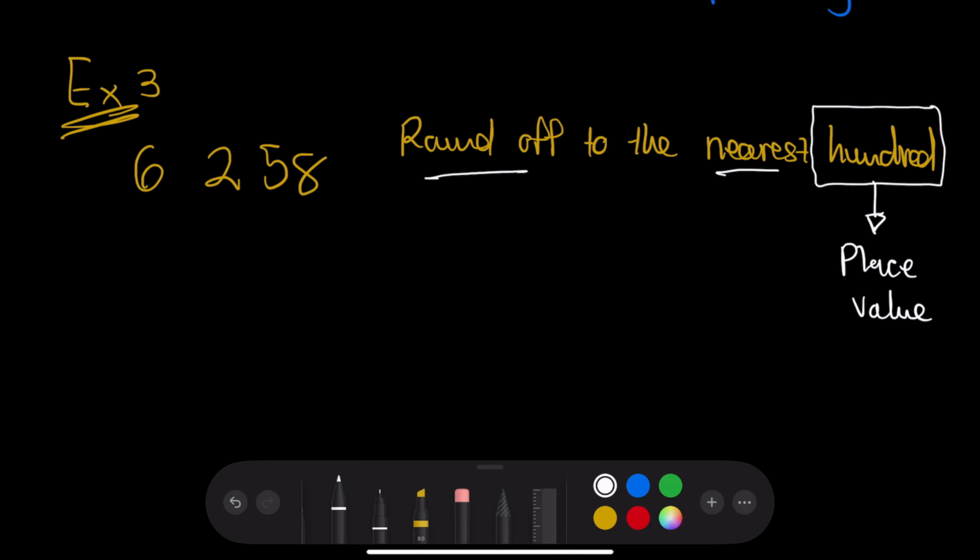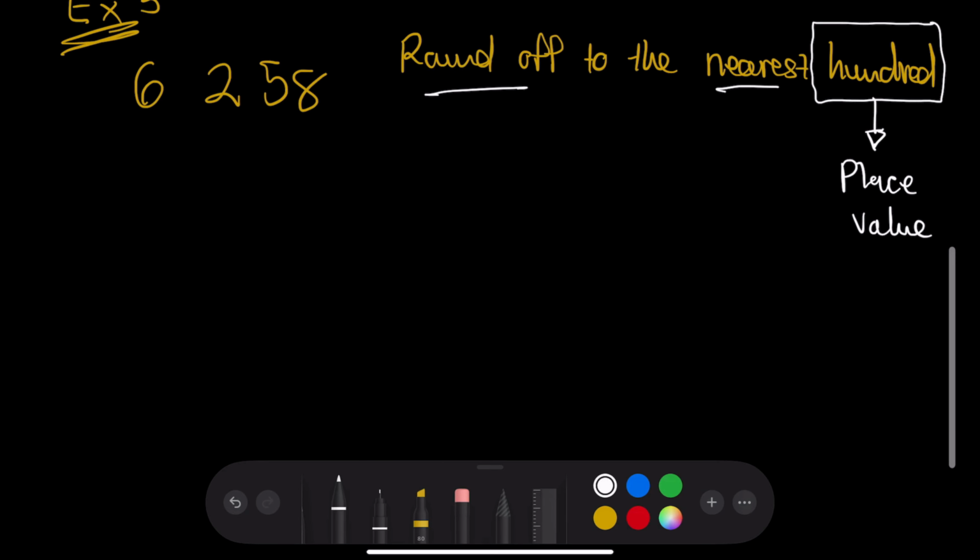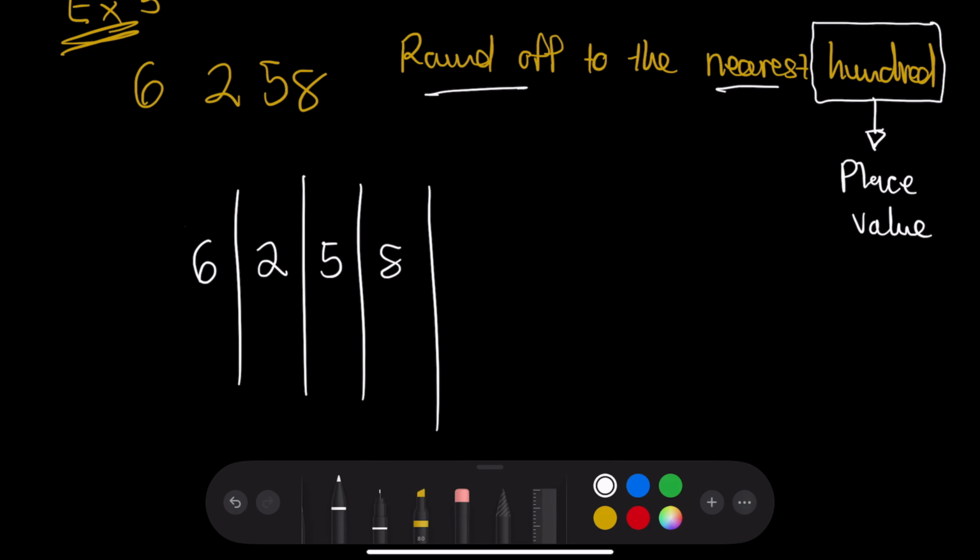Then I will need to break up my number 6,258 into various columns. I know this 8 represents units. I know this 5 represents tens. I know this 2 represents hundreds. And the 6 represents thousands.